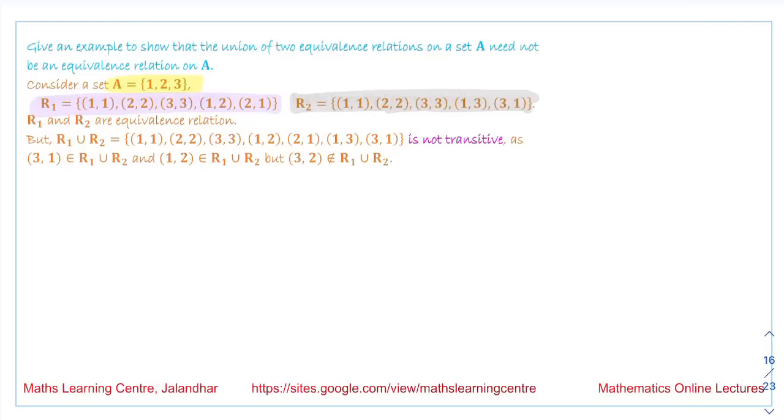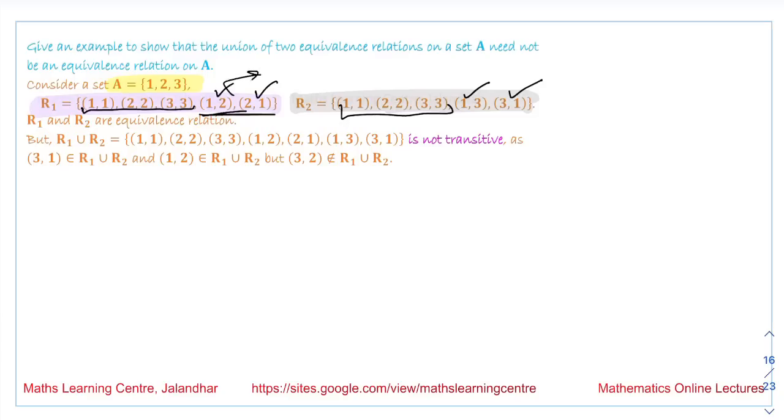First of all, we have to prove that both these relations R1 and R2 are equivalence relations. This is easy to prove. We are saying all (1,1), (2,2) and (3,3) are there. If 1 is related to 2, then 2 is related to 1. If 1 is related to 3, then 3 is related to 1. Similarly, we can check the transitivity in all these cases.